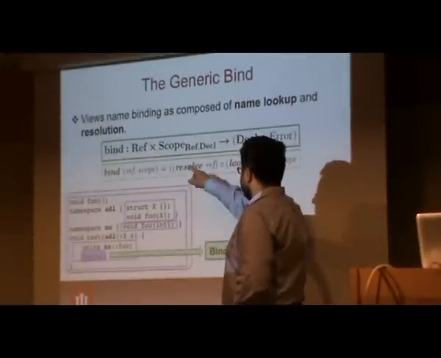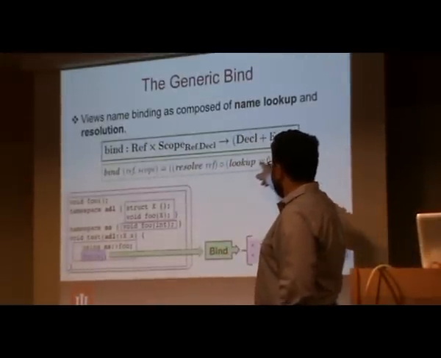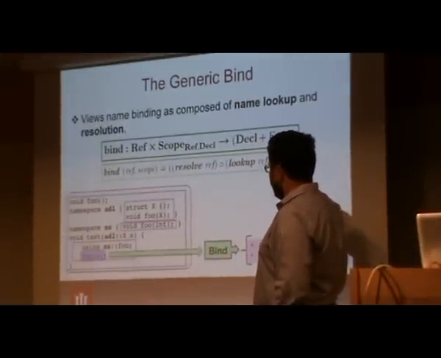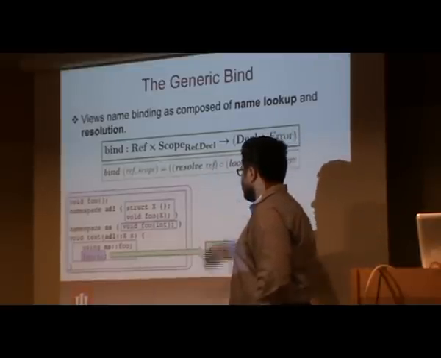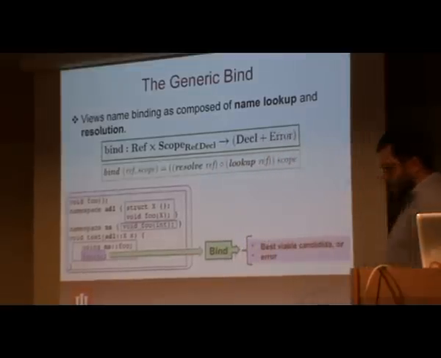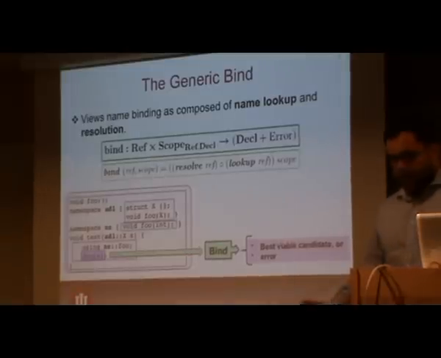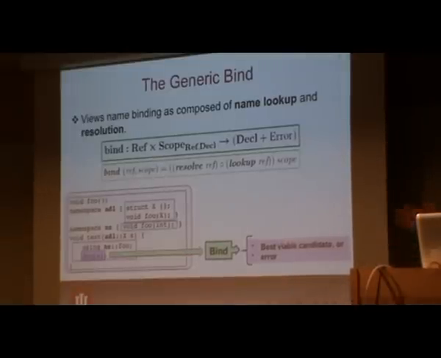Given a reference and a scope, we first look up the reference, and whatever we have been able to look up, we pass to resolve. Resolve is not lookup; for example, it abstracts from ad hoc overloading in C++ and other features like that. So lookup is purely syntactic, and resolve does some semantic decisions.